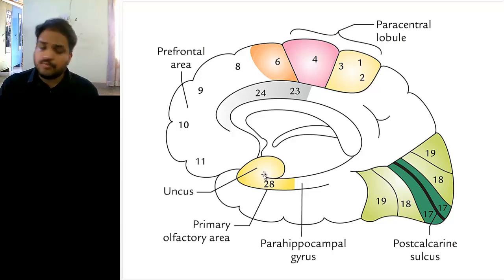And now the hippocampus. What is the function? The hippocampus is mainly concerned with memory, right? In cases of bilateral lesions of the hippocampus, there will be anterograde amnesia. So what is anterograde amnesia? It is the inability to form new memories, or more clearly, the inability to consolidate short-term memory into long-term memory.